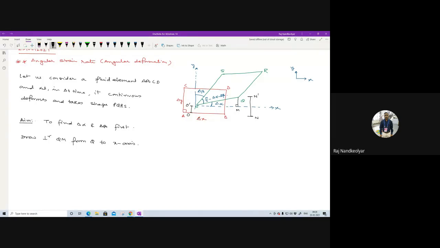If we can find n prime and O prime, and subtract O prime from n prime, you will get QM. So our next aim is to find n prime and O prime. What is the value of O prime?